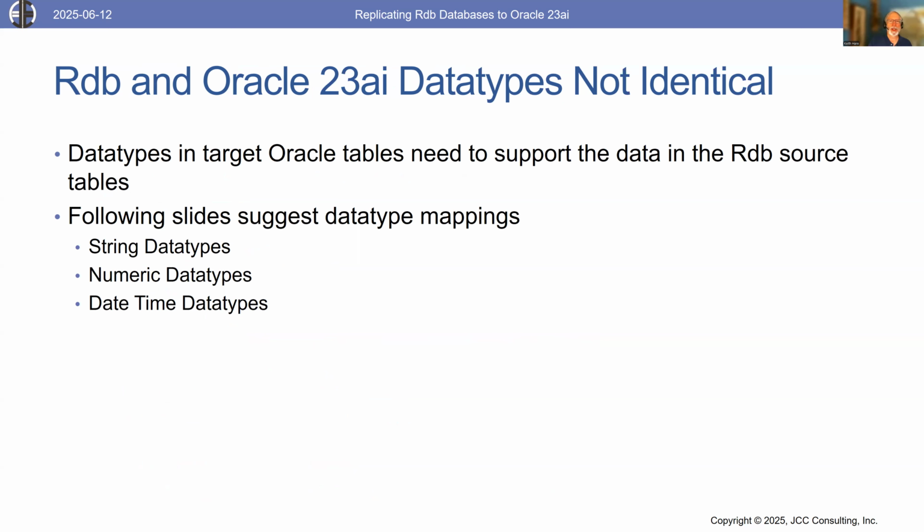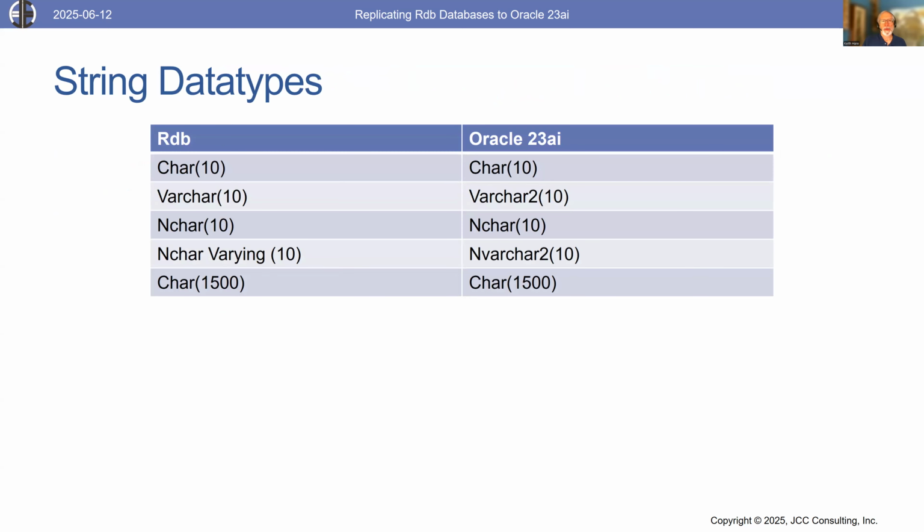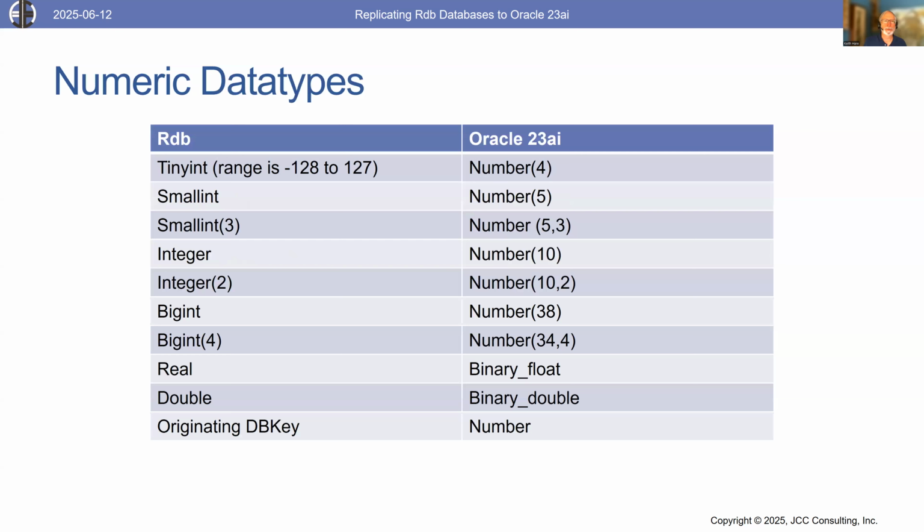The issue with data types is that the data types in the target are not exactly identical to the data types in the RDB source database. So there are several ways to map the data types. We'll go through quickly a couple of the possibilities. I'm going to leave this mostly for reference rather than looking at all the details, but it's useful to look at when you're actually doing this yourself with your own data. For example, if we have a varchar in RDB, then in Oracle, we're going to want to do a varchar2, and so on. String data types are fairly straightforward.